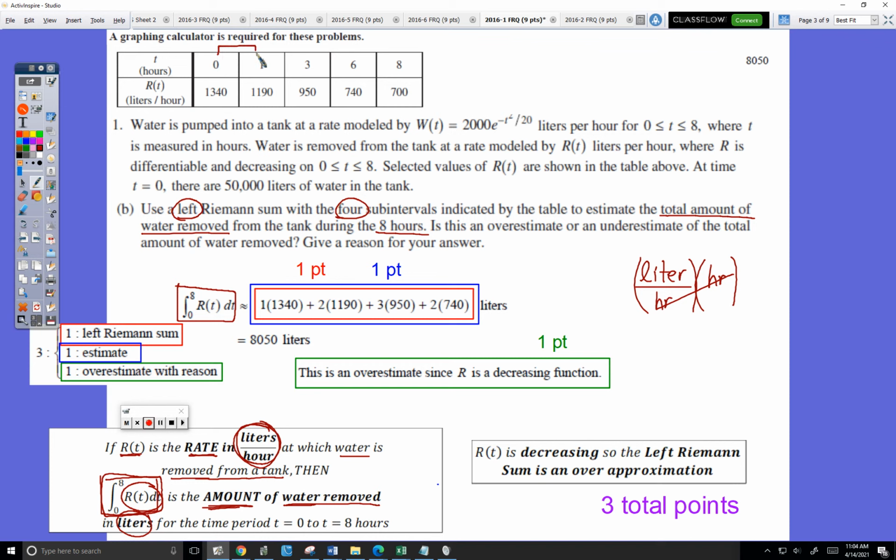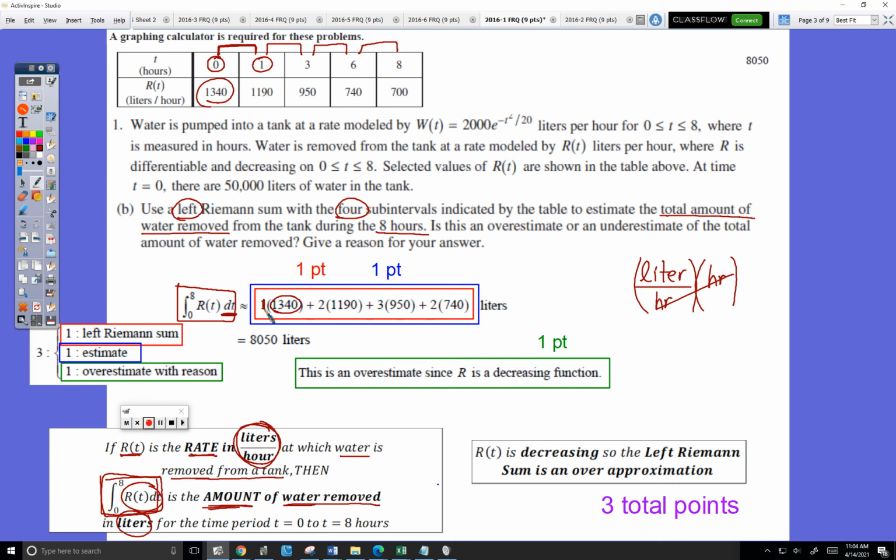So the subintervals are as I'm showing now. I go to the first subinterval and I pick the value of R that is most left in the subinterval. That's the 1340. That gets multiplied by the dt, or change in time, for that subinterval. That change in time is from hour 0 to hour 1, so that's 1 hour.